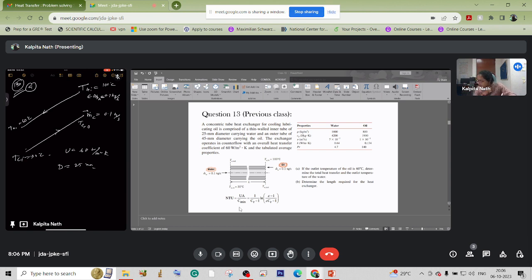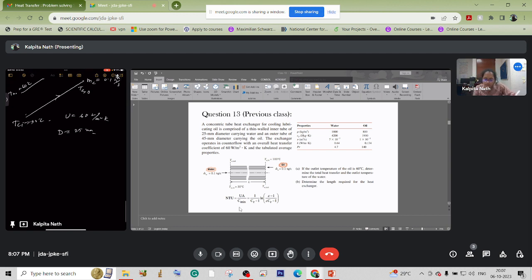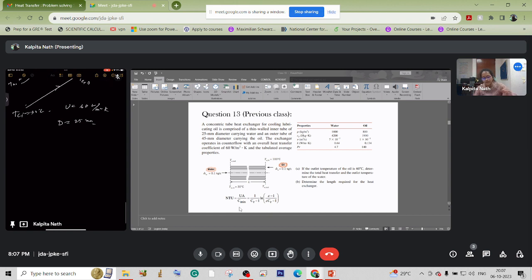So now we are assuming negligible heat loss to the surroundings and negligible thermal resistance of the tube wall thickness. Okay, that means conduction heat loss won't be there. So now with outlet temperature as 60 degrees Celsius, from overall energy balance on the hot fluid, we can get Q. Q is m_H dot Cp_H times (T_H,i minus T_H,o).